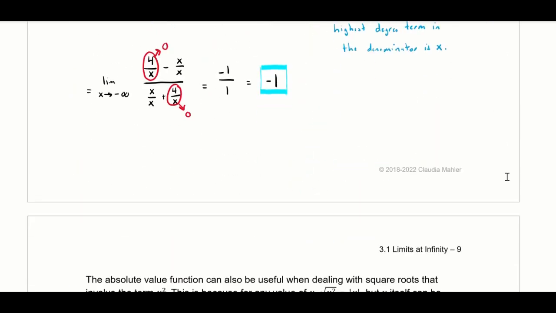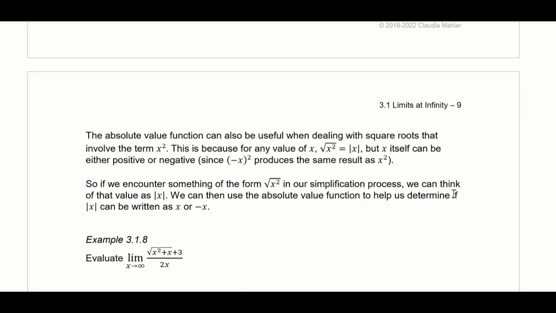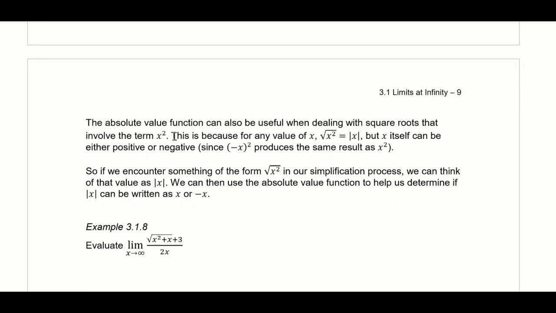Because, I'm going to go to the last page here, for any value of x, we can actually express the square root of x squared as the absolute value of x, right? Because this is essentially doing what the absolute value function does.